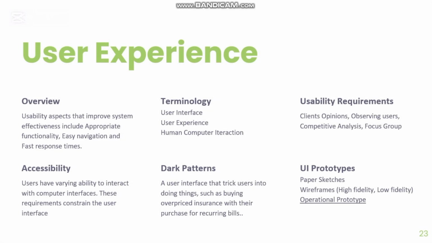In user experience, we see six main terms, which include overview, which basically tells us what UX is all about. Then we have terminologies: what is user interface, what is user experience, and what is HCI, human computer interaction. Then we have usability requirements, where we have to see the client's opinions and observe users.